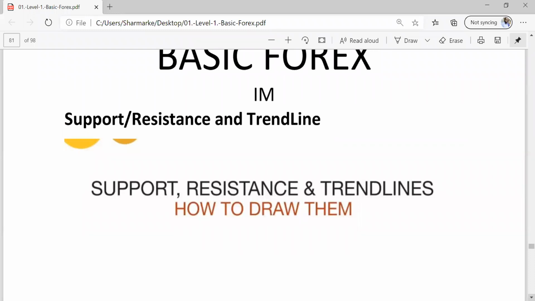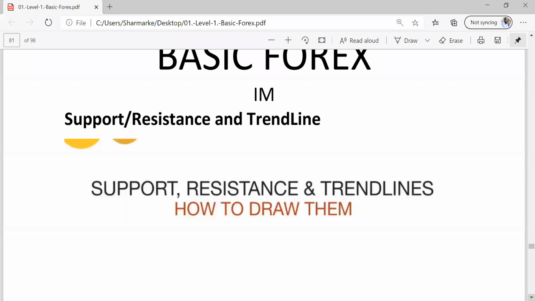This is another important thing which I wanted to talk about: support, resistance, and trend line. Do you know why basic Forex is always important? Because we go through all that you need in trading. If you understand the importance of basic Forex, you have all it takes. Because we say that 20% in this market is skill.